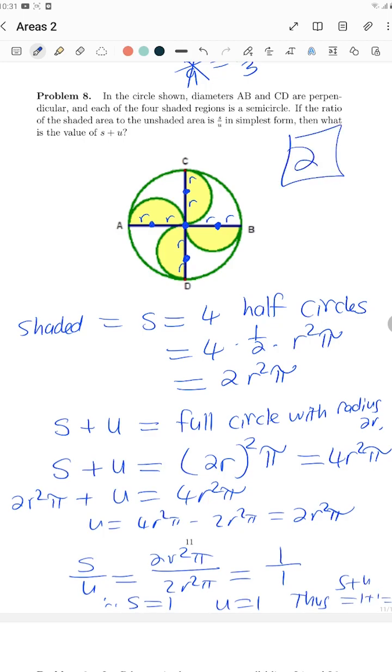So the answer to this problem is 2. There you go. We learned something very cool here, that if you construct a diagram in this manner, you will need the same amount of paint for the yellow part and the white part. Good. So that is problem 8 done.